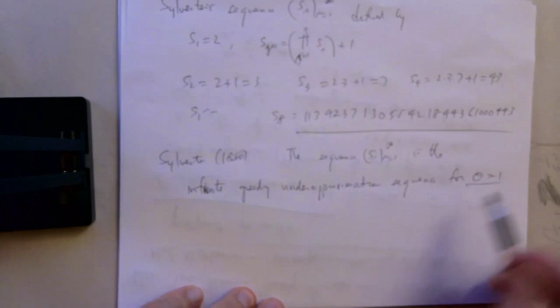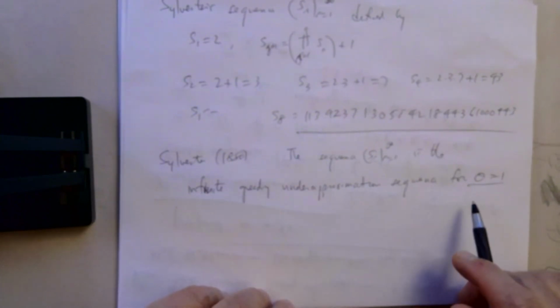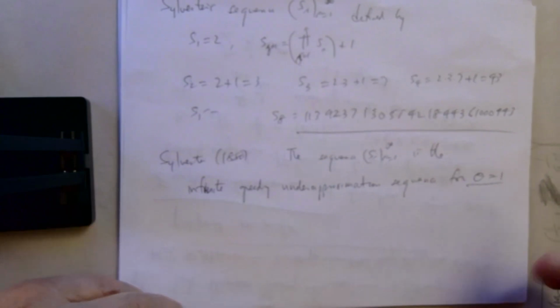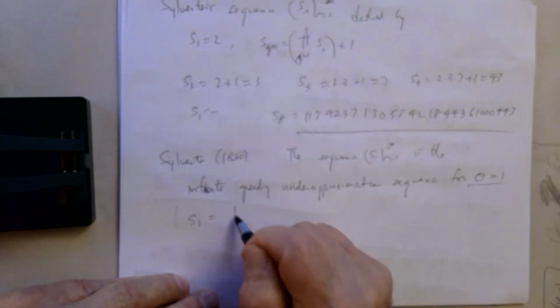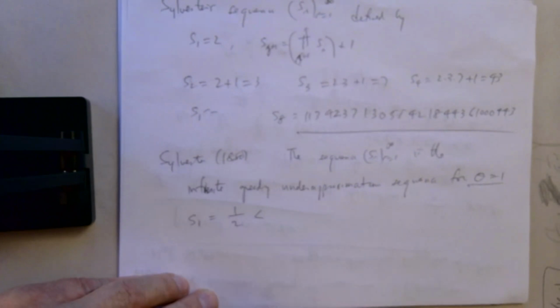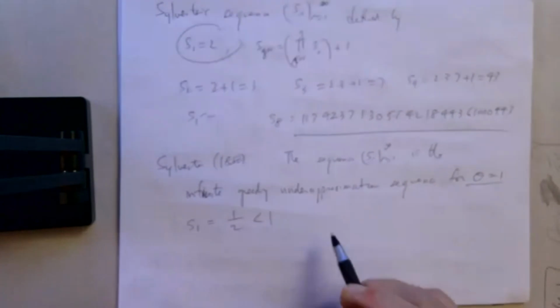So what does that mean? That means if you're trying to construct a sequence of rational numbers that underapproximates some theta, at every point you pick the largest fraction that you can. So S1 is the largest Egyptian fraction less than 1, which is a half. So you get S1 is equal to 2.